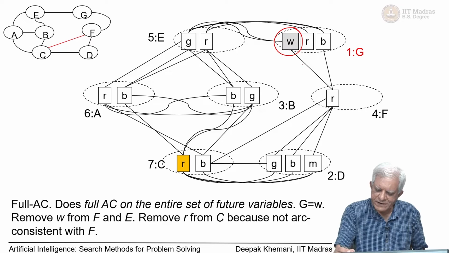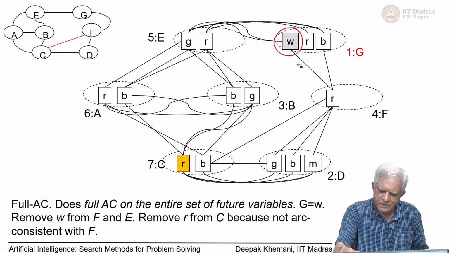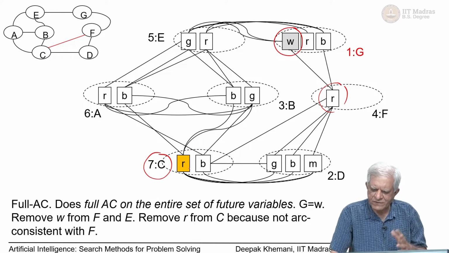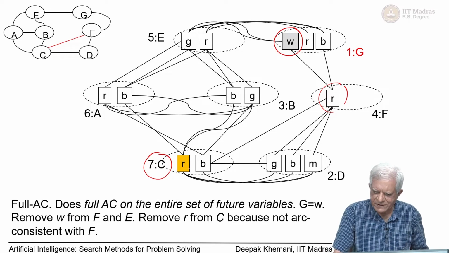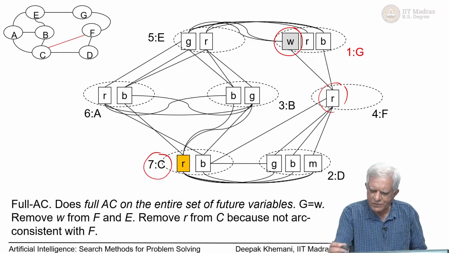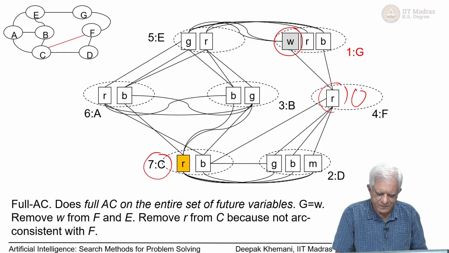So, as you can see, from w you have to check whether this variable is consistent with this variable, and you will end up removing r essentially, which is what forward checking was not doing essentially. W has removed w from here, but that is a different matter.